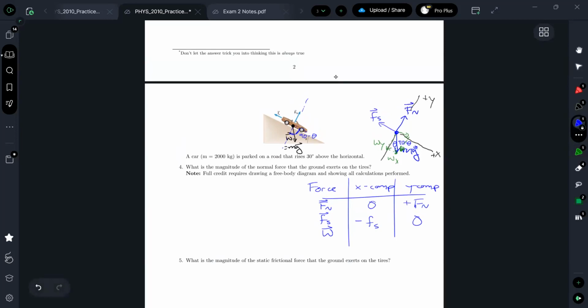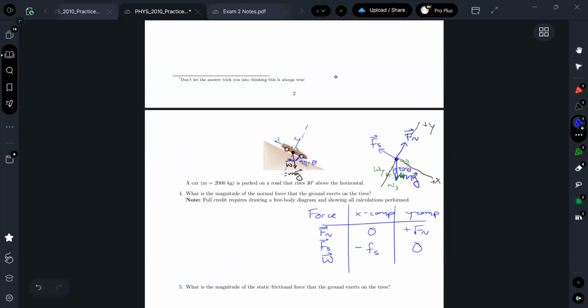If I'm not sure whether to use sine or cosine, I just look at my angle there, sine of theta. I look at what's opposite it, I see Wx. I look at what is the hypotenuse, that is the weight, so mg or just the magnitude W, whatever symbols you want to use to talk about it.